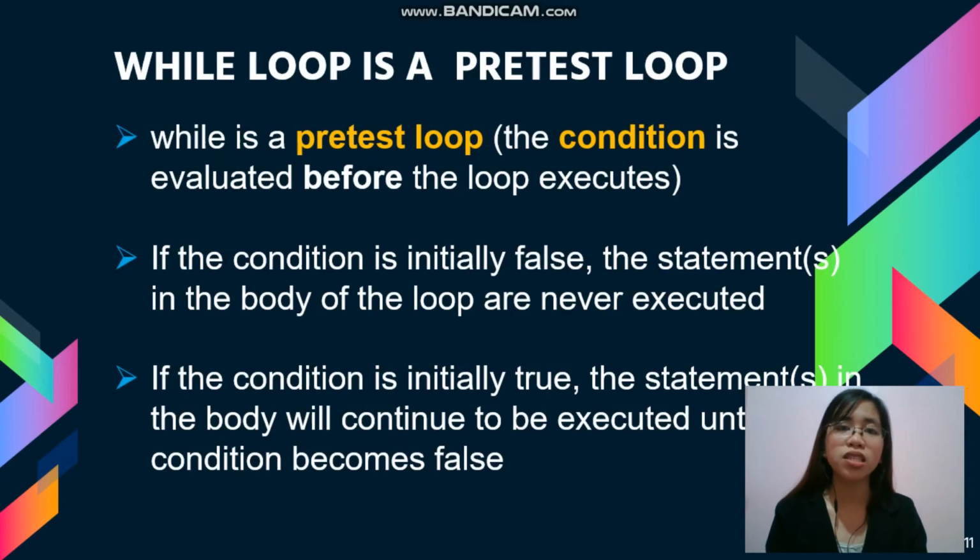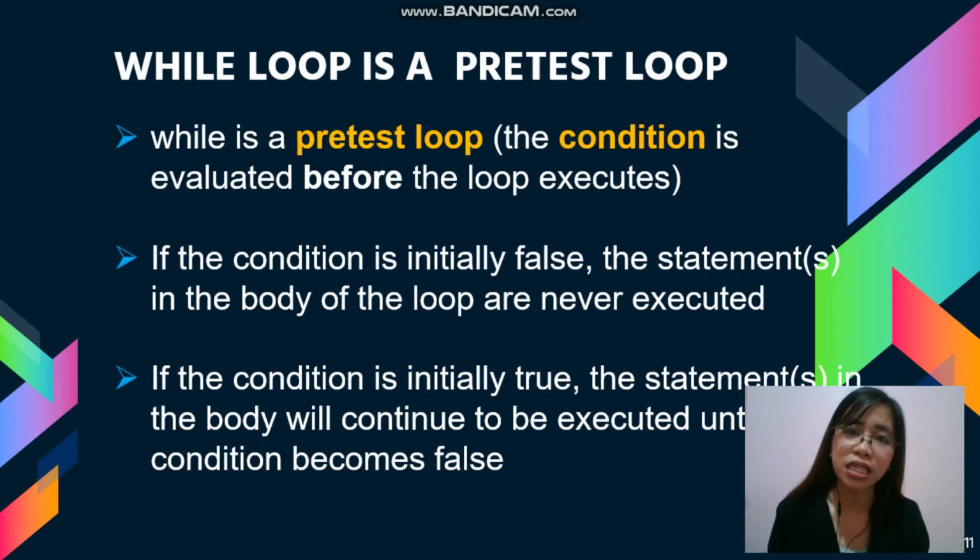So, while loop is considered a pretest loop. Why? It says here that a pretest loop is one where the condition is evaluated first before the loop executes. We test first the condition if it is true or false before the loop starts. Now, if the condition is initially false, automatically, there will be no looping, and what is inside the while loop will not be displayed.